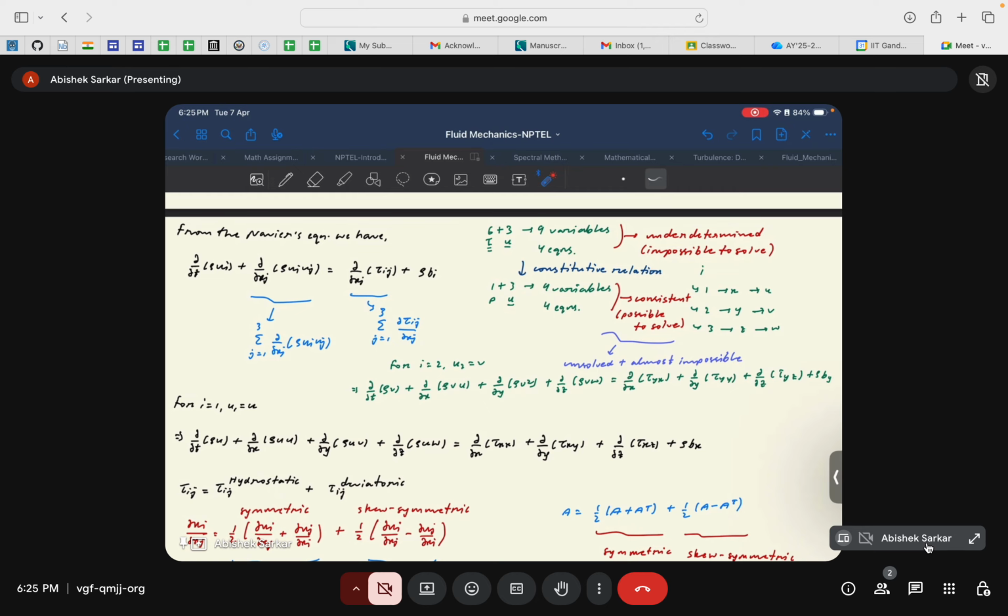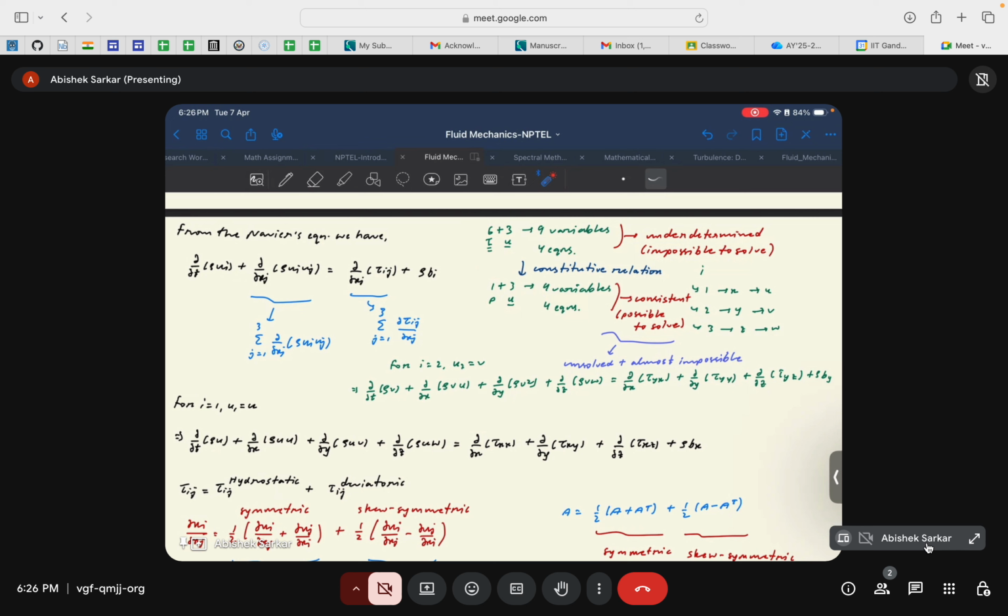So we have a total of 4 variables, and again we have 4 equations, that is the 3 momentum equations along the x, y and z direction, of course depending on the coordinate system that you choose, and one continuity equation. So in total you have 4 equations and 4 variables.